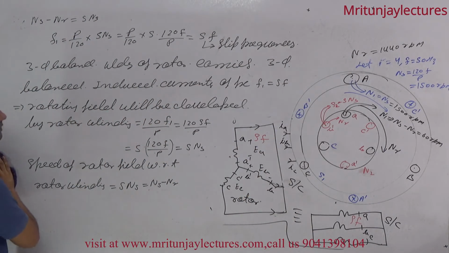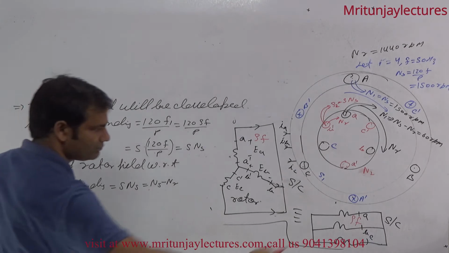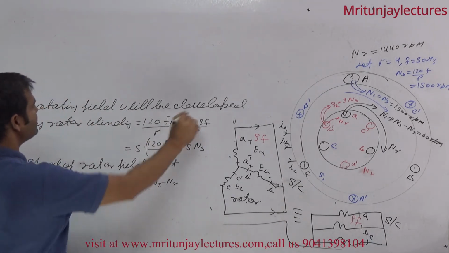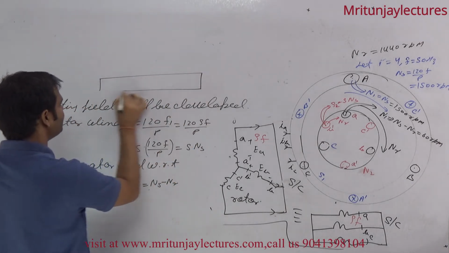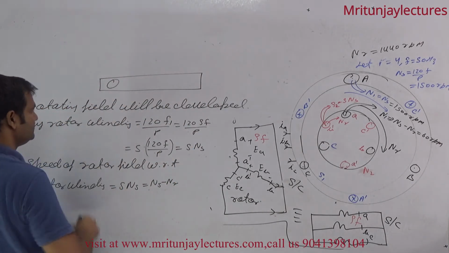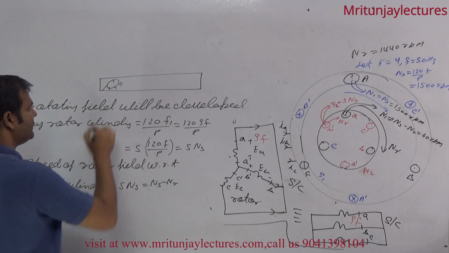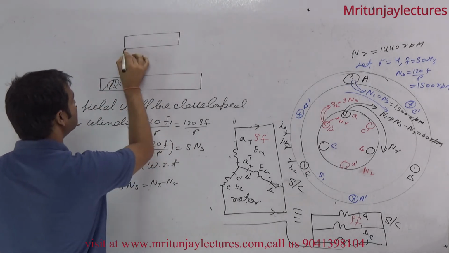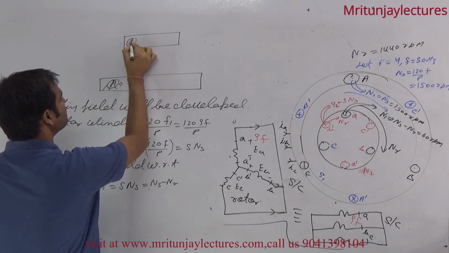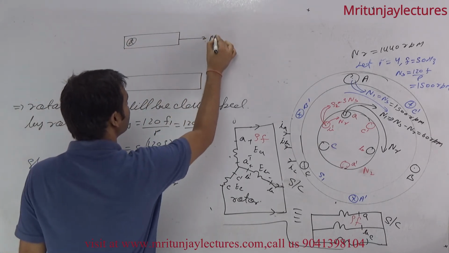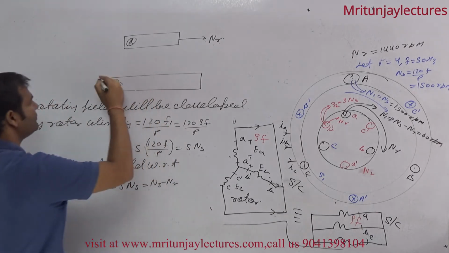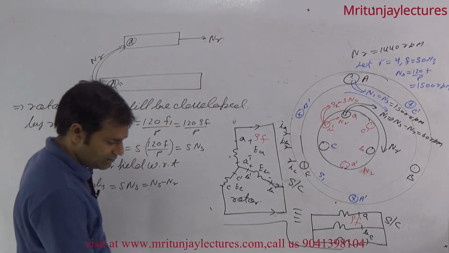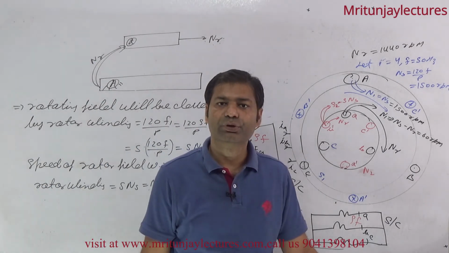So first of all, to clarify more: suppose that this is the stator winding A, and this one is the rotor. The rotor is rotating at NR, the rotor speed with respect to the stator winding.